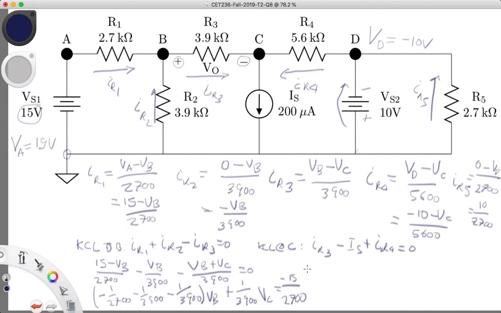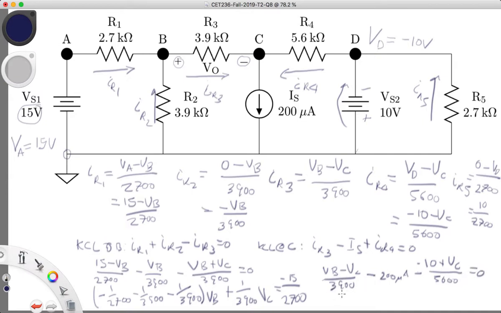Okay, and then the other equation, IR3 again. IR3 is VB minus VC on 3900 minus IS, which is 200 microamps, and plus IR4, which is actually minus 10 plus VC on 5600, and all of that equals 0.